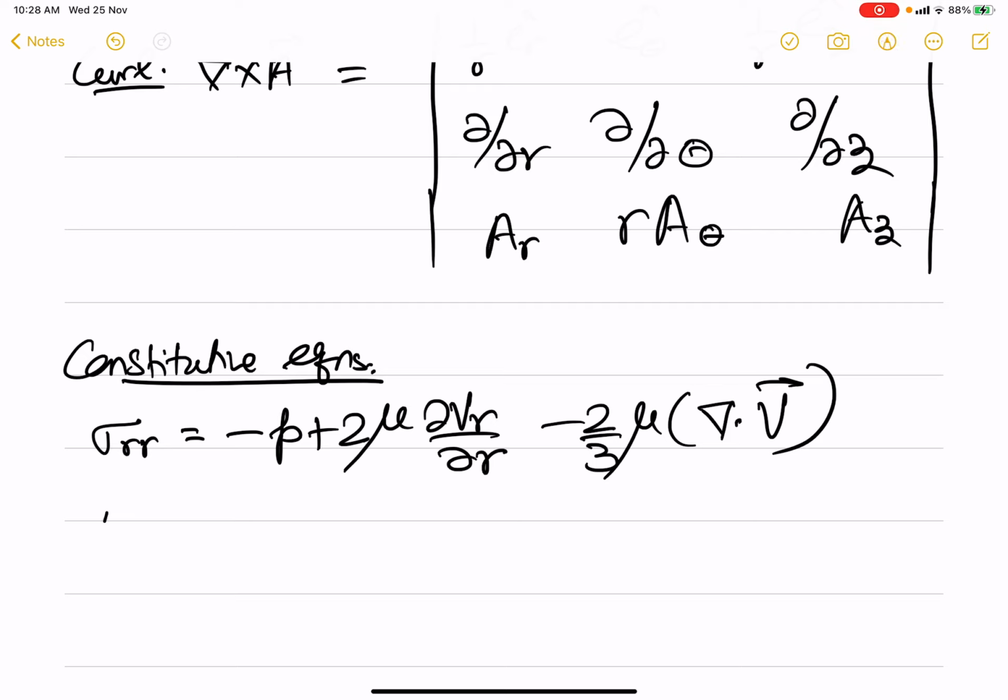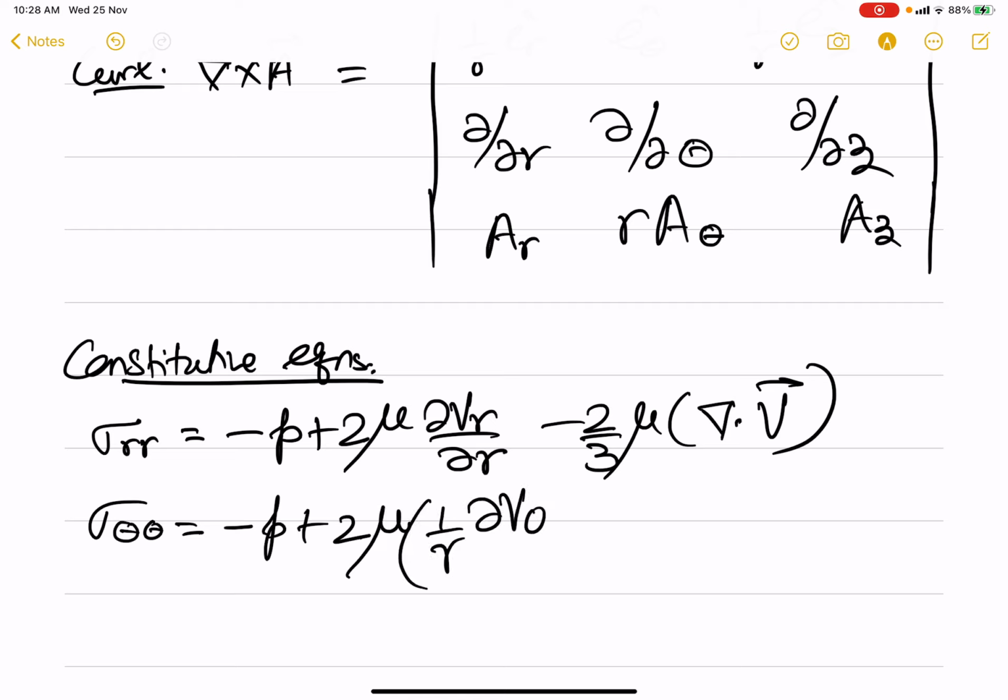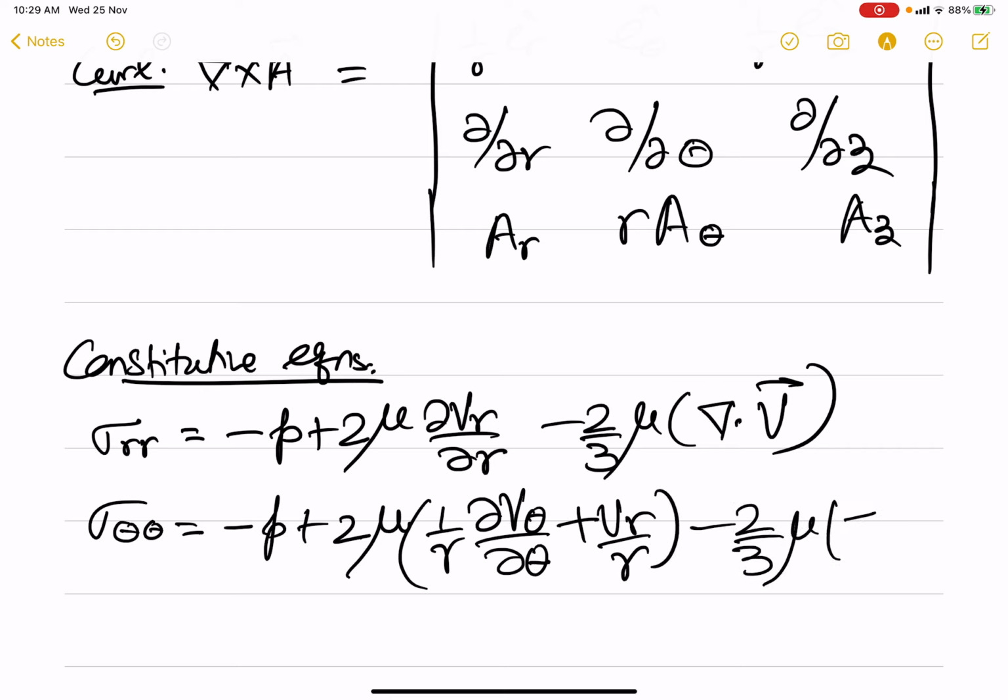And then sigma theta theta will be minus p plus 2 mu, and now I have 1 over r partial V theta by partial theta plus Vr by r, minus 2/3 mu del dot V.